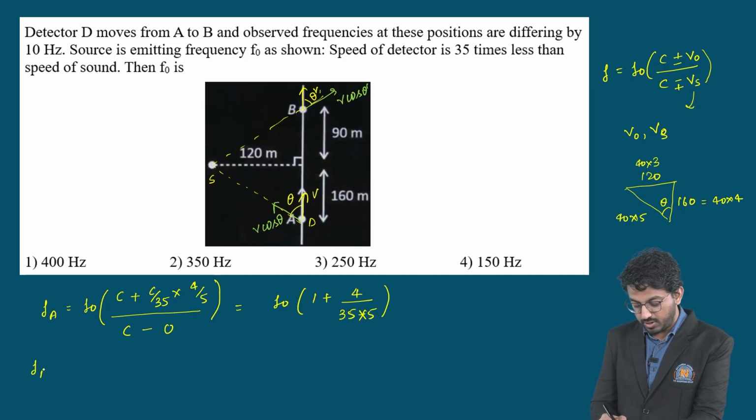Similarly, the frequency observed at B is going to be f naught times C, again C by 35 into cos theta.